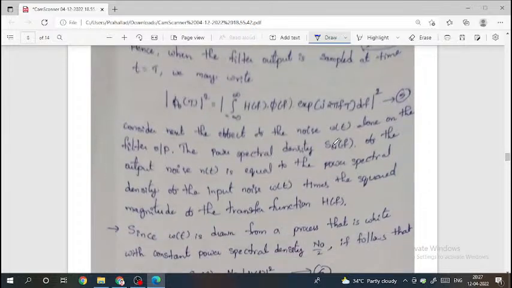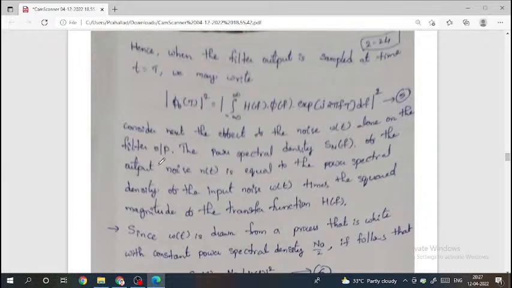Consider next the effect of the noise W of t alone on the filter output.